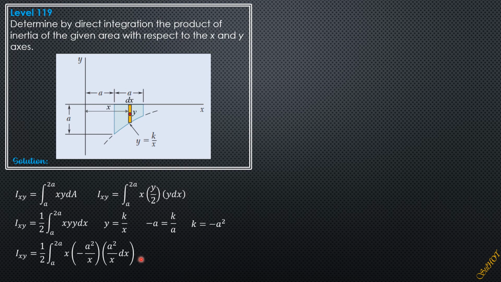Then we have Ixy equals negative a to the fourth over 2 times the integral of dx over x. The integral of dx over x is ln, so therefore Ixy equals negative a to the fourth over 2 times ln of x from a to 2a.